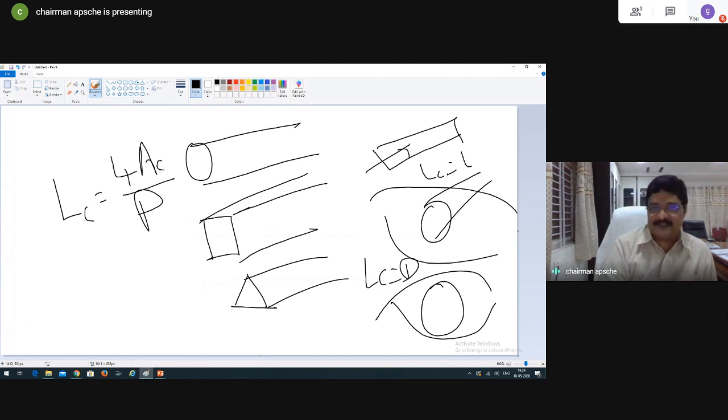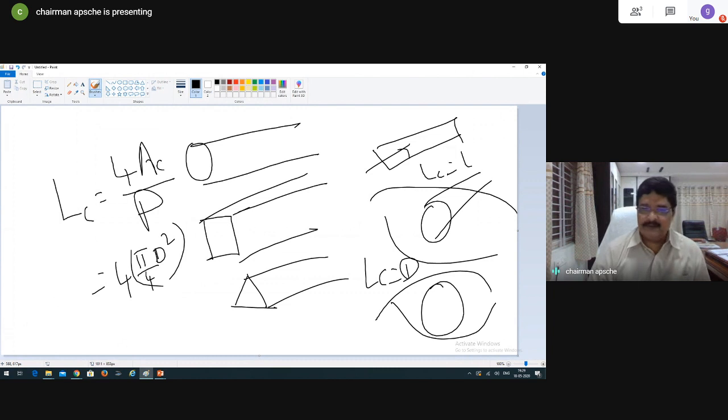Now, for a simple case of tube flow, it is 4 times the area of cross section, which is pi by 4 d square or pi r square, whatever, divided by pi d.